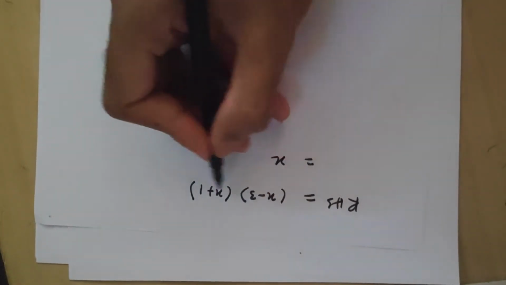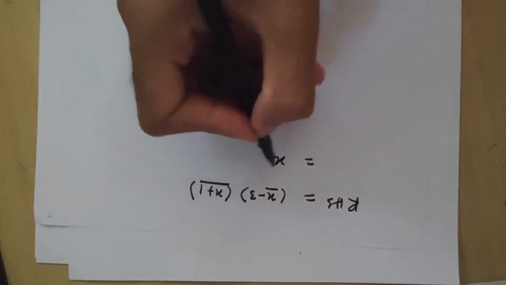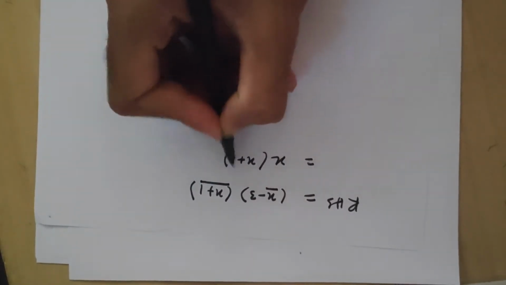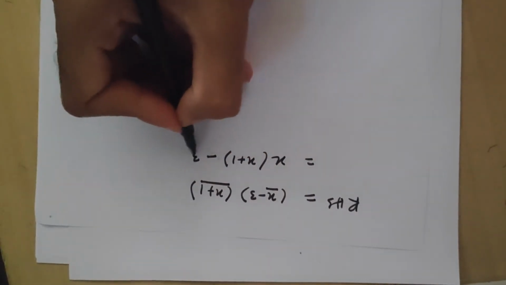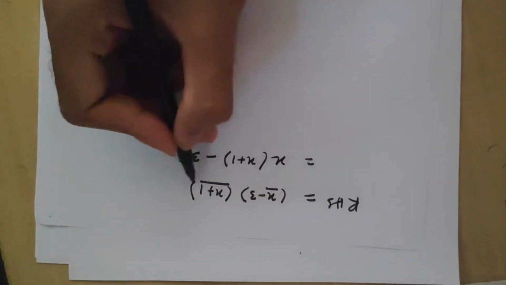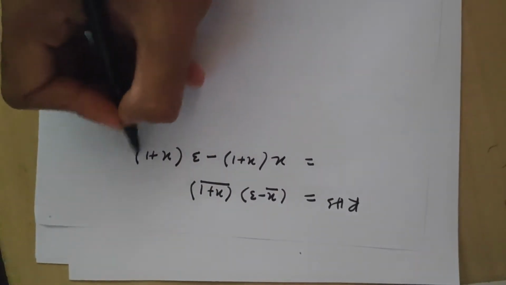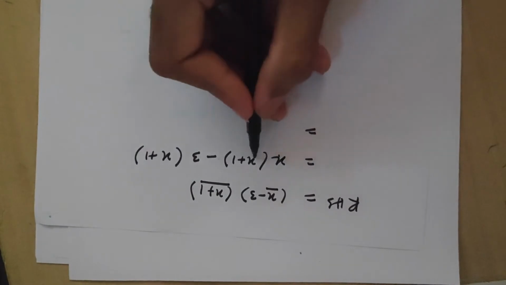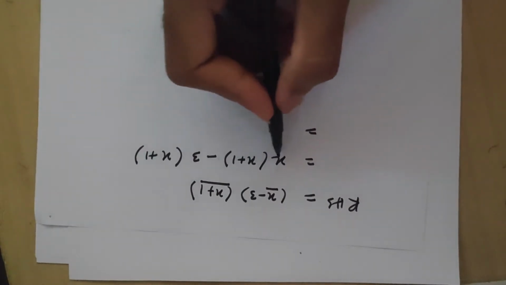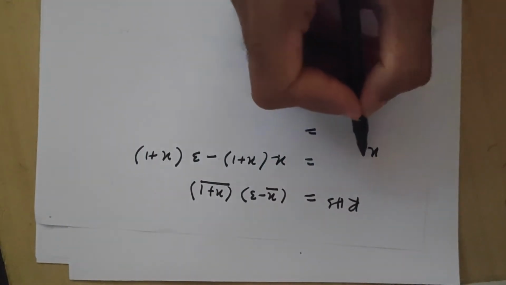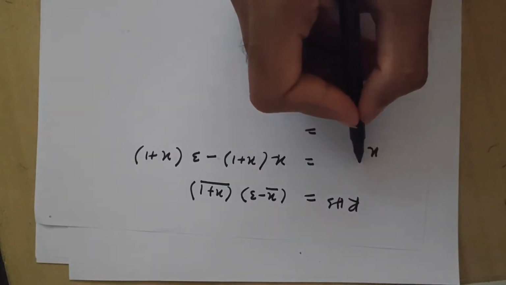I'm going to multiply this to this, x plus 1, minus sign, so I will be writing minus 3, okay, and then multiplying this side. It's very simple. X into x, because whenever we multiply this will be like power. I'm explaining from the beginning. I'm assuming that you don't know anything.